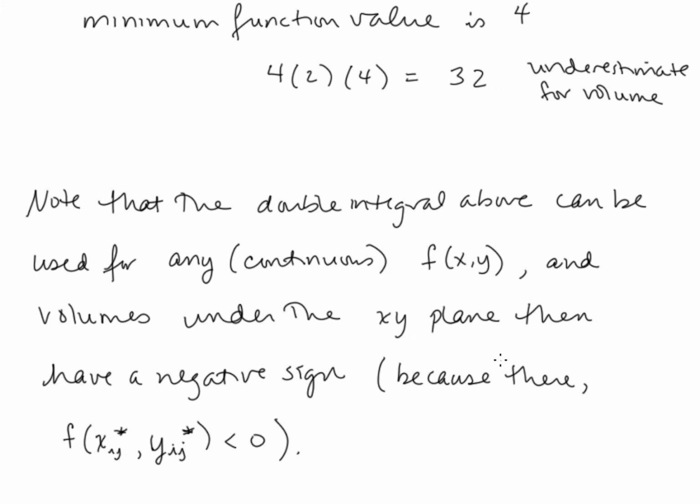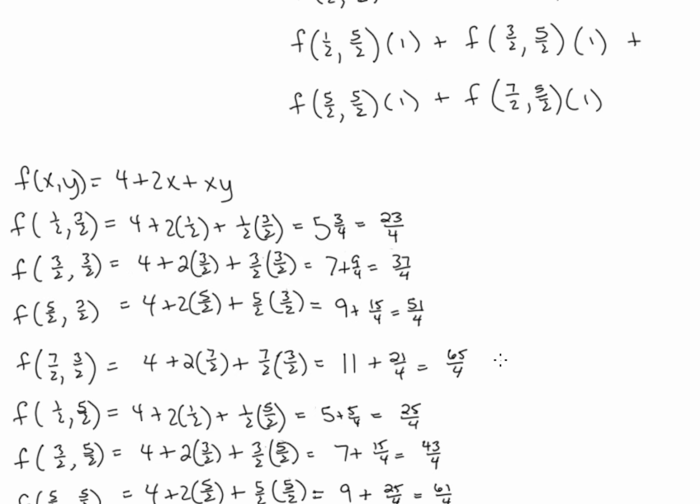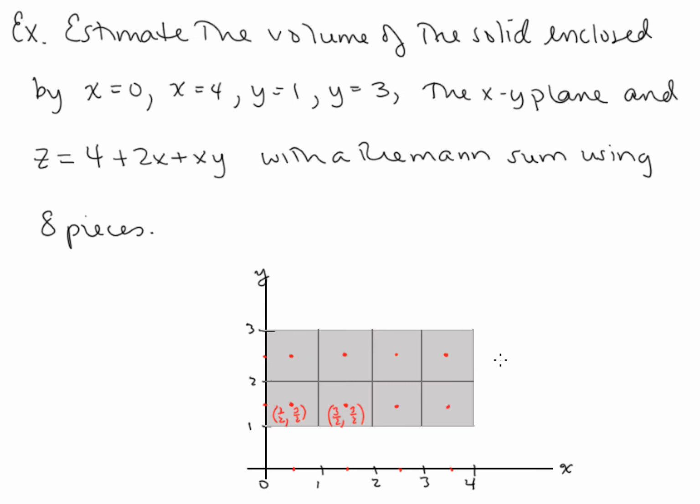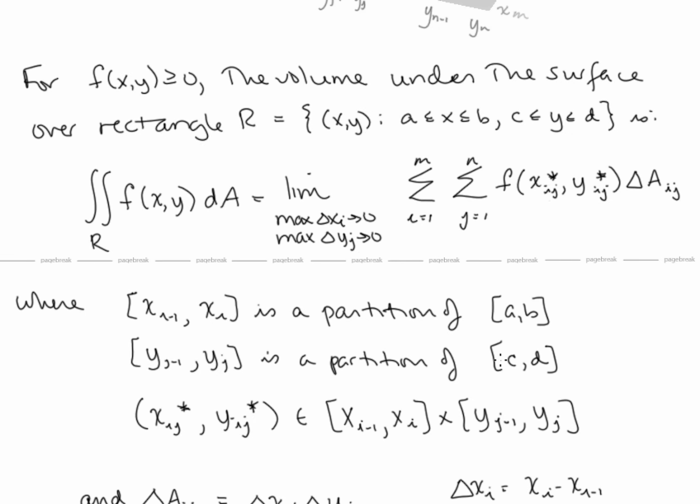Now, when I defined the double integral above here, I said that f of xy was greater than or equal to 0. And I really only said that because I wanted to talk about the volume under the surface. But we can define a double integral like this for function values that are greater than, less than, or equal to 0, it doesn't matter.